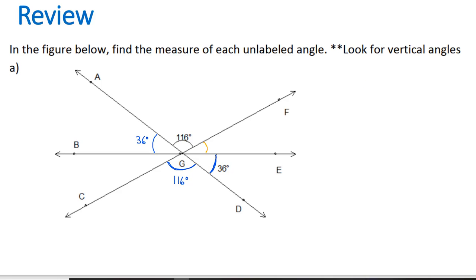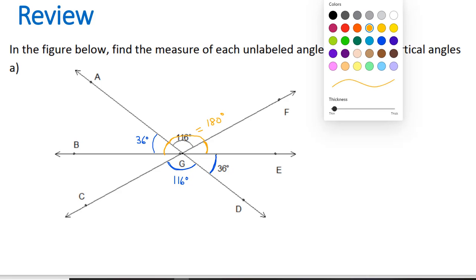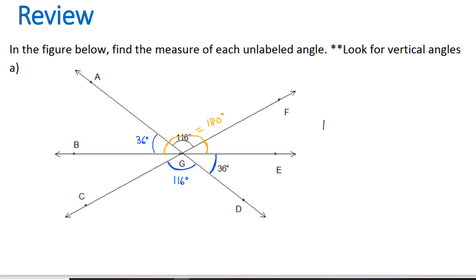So observe that this angle plus the 116 plus the 36 is going to equal 180 degrees. So if we want to solve for angle FGE, this one here, then we are going to take 180 degrees on the straight line, and take away the other two angles. We can either add those two angles together and take away once, or we can take them both away on our calculator.